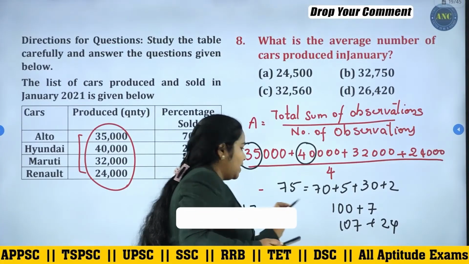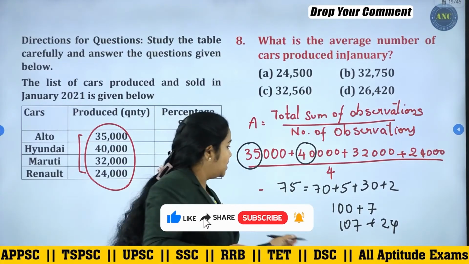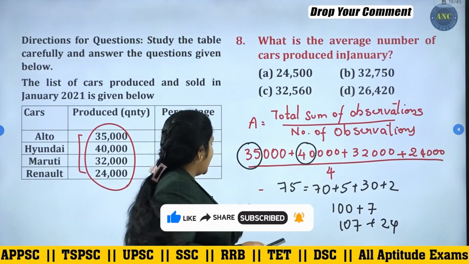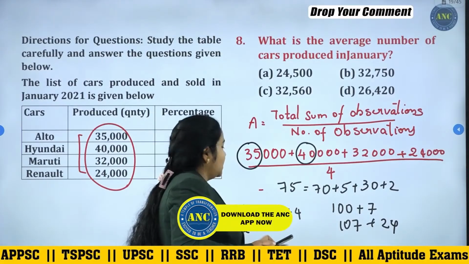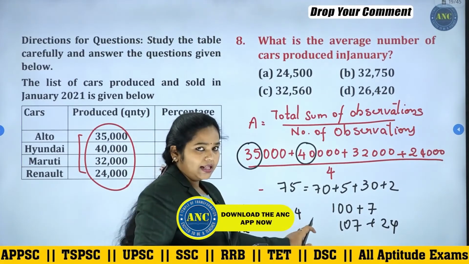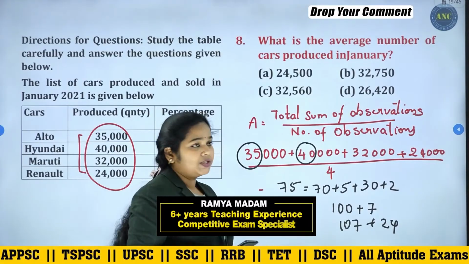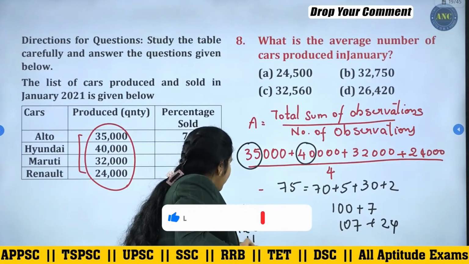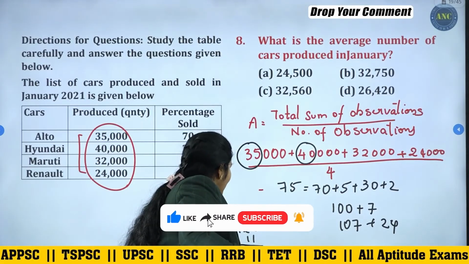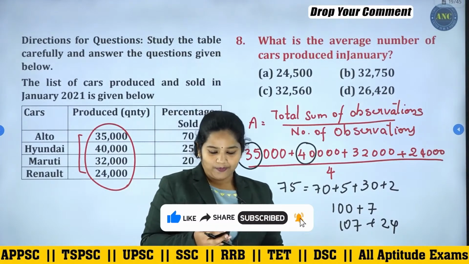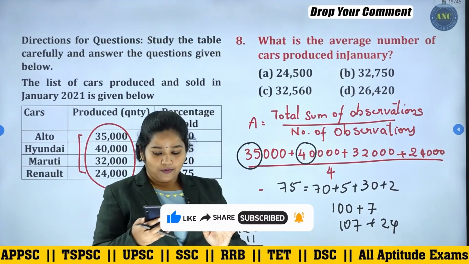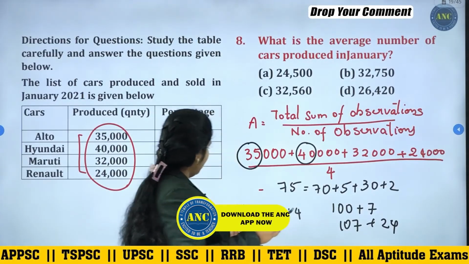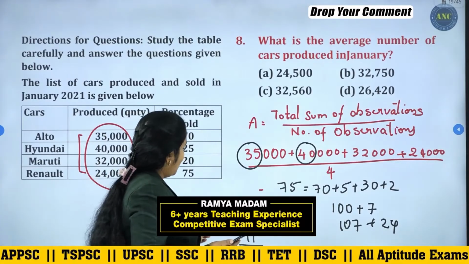We can break 107 into 100 plus 7, plus 20 plus 4. Now 100 plus 20 is 120. 7 plus 4 is 11. 120 plus 11. So, how much do we get? We get 131. Sampath, you got the answer. Nice. Right, so it is 131.